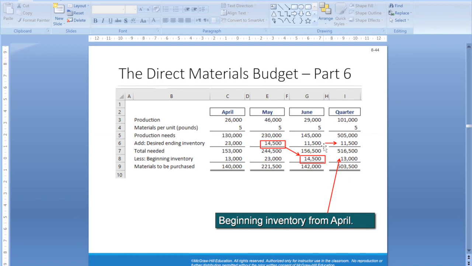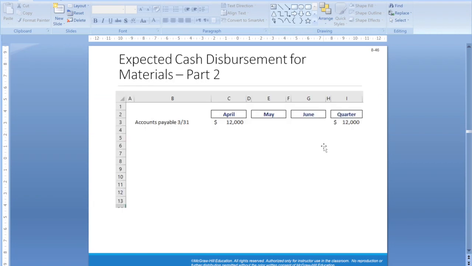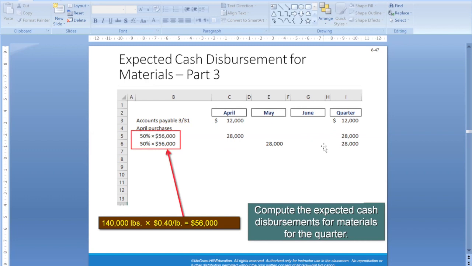Because I need to pay in dollars, so the unit will be a dollar sign. 140,000 times 0.4 equals $56,000. These are what? Purchases that should be done for April.